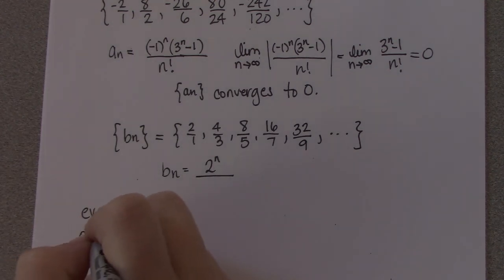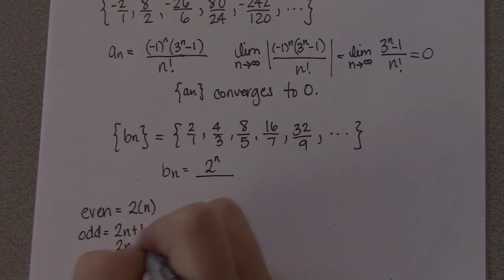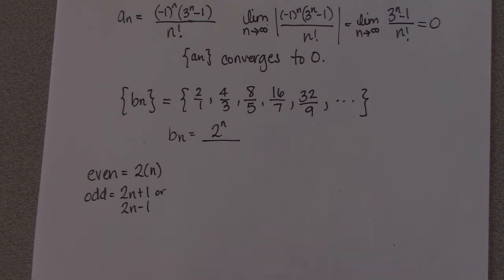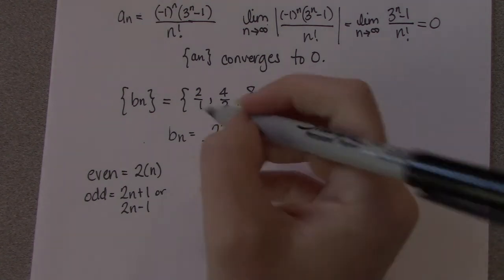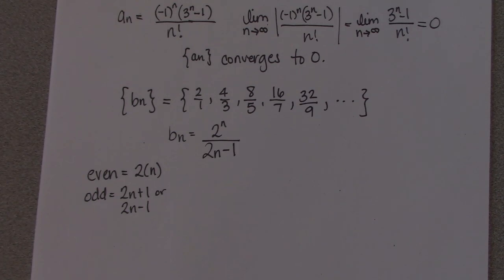But for odd numbers, there's more than one way to do this. We could take an even number and add 1 to it, or take an even number and subtract 1 from it. So which one do I need in my denominator? Because I want to plug in n equals 1 in the first term. The subtract one. So this is going to be 2n minus 1 in the denominator.